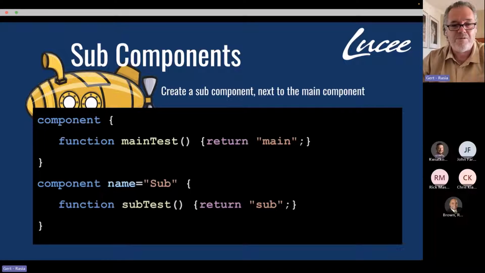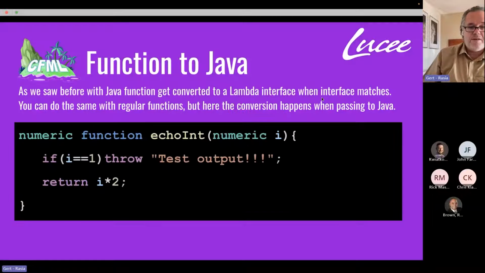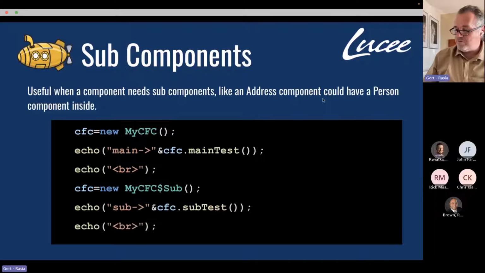Here's component name equals sub, and that name sub is then defined here in echo sub with the, hang on, where is it? I'm sorry, my mouse is going crazy. You see the $ sign in here, that is actually instantiating the subcomponent.